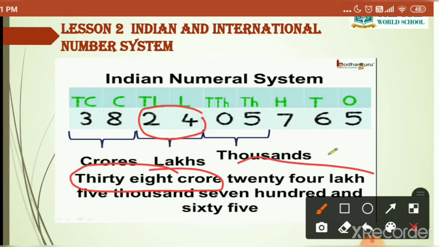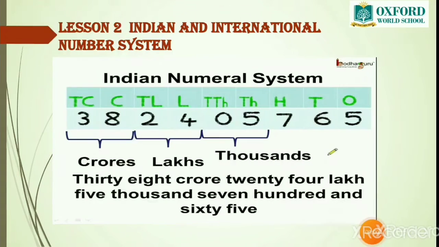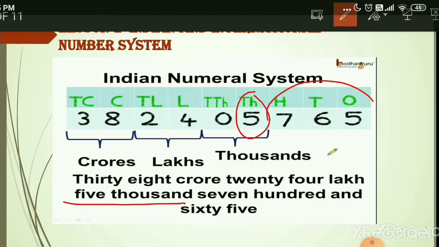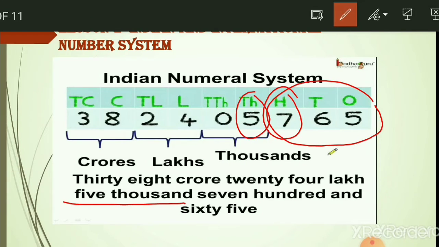So we can write 24 lakhs. Next in the thousands period we have 5, so we can write it as 5,000. Then coming to the next period, that is ones, we have 7 at the hundreds place and 65, so we can write it as 765. I hope naming in the Indian numeral system is easy for you.